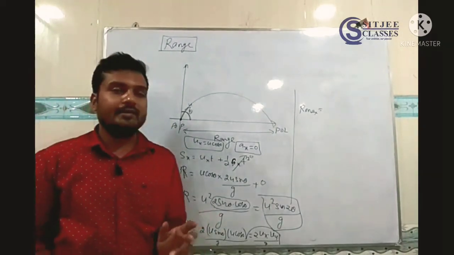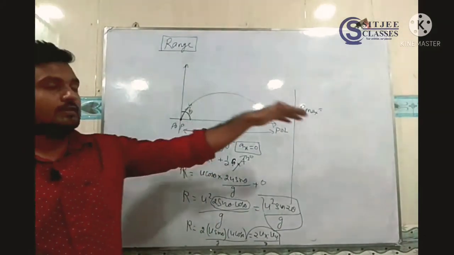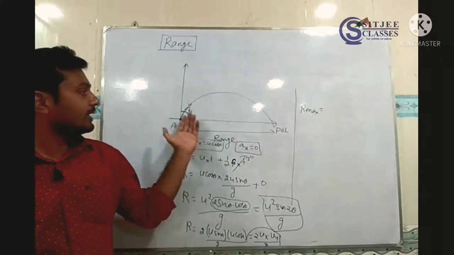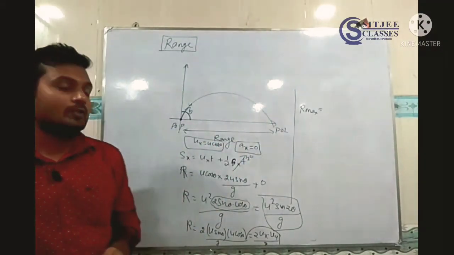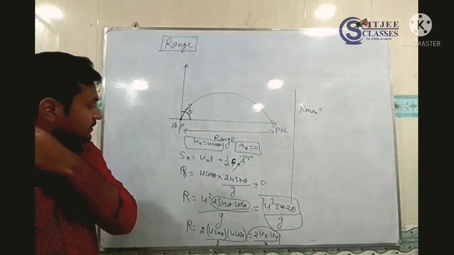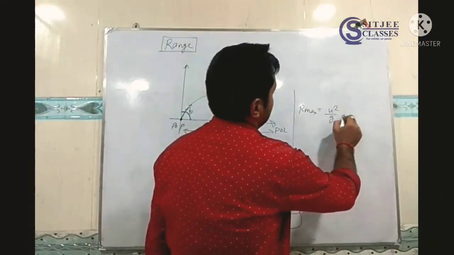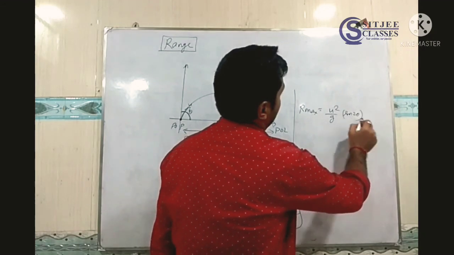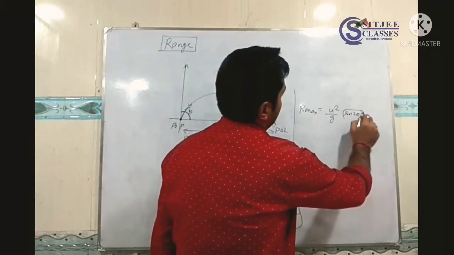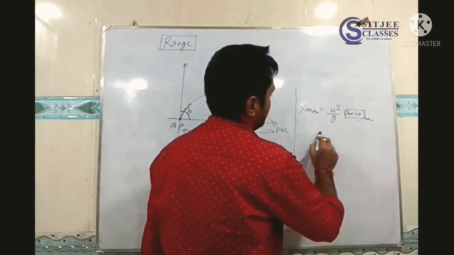Okay, they fix the target, they make some angle, and from there they will try to land. So sometimes we have to get maximum range. How are we going to get maximum range? U and G will be fixed, so in U square by G, sin 2 theta we have to get maximum. What is the maximum of the sin function?